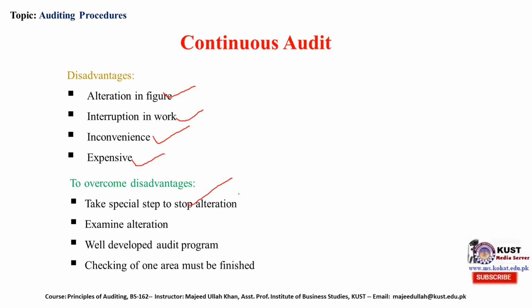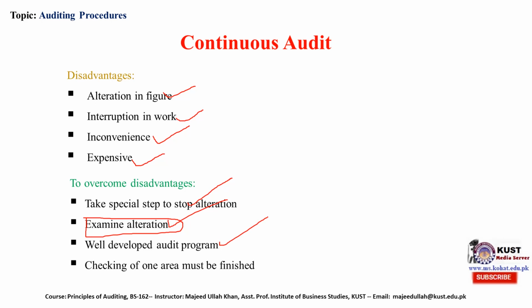It can be possible through a clear check or taking note when the auditor is leaving the premises of the client, and he mentions that these books and these items have been checked and these are their final figures as per the auditor's record. Examine alteration. If the auditor finds any alteration, then we should first check against these closing figures that he has taken in a note.